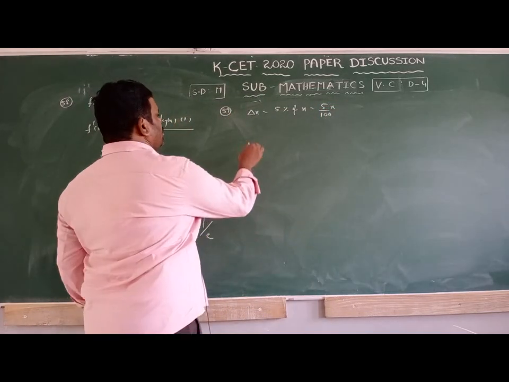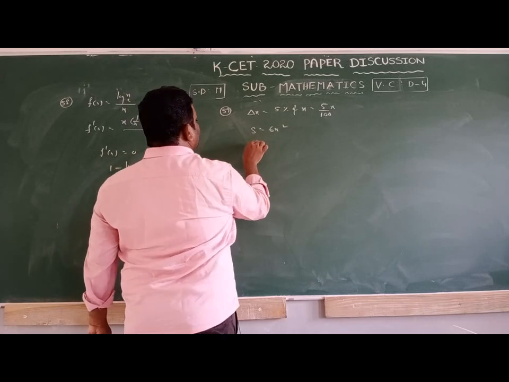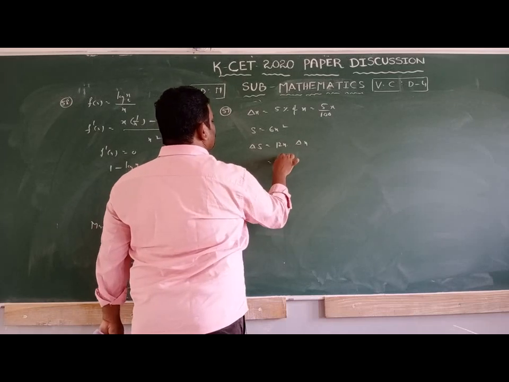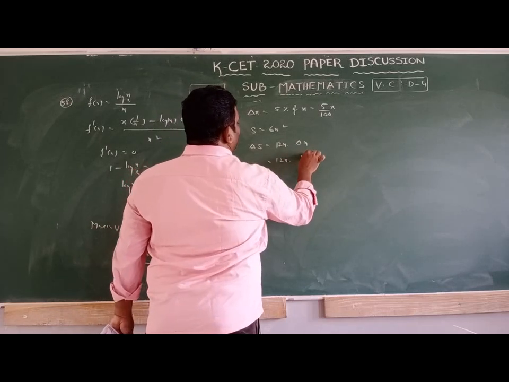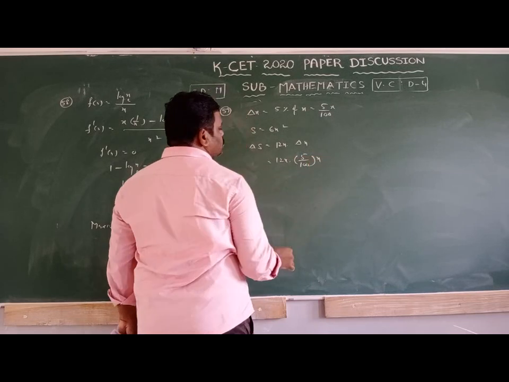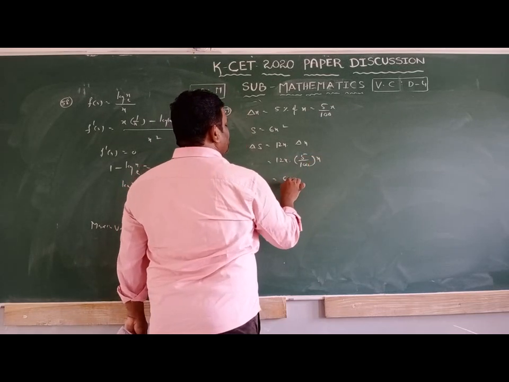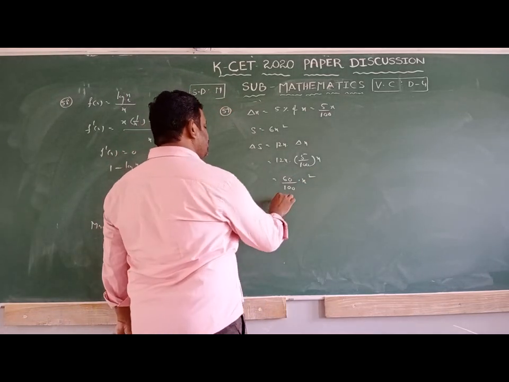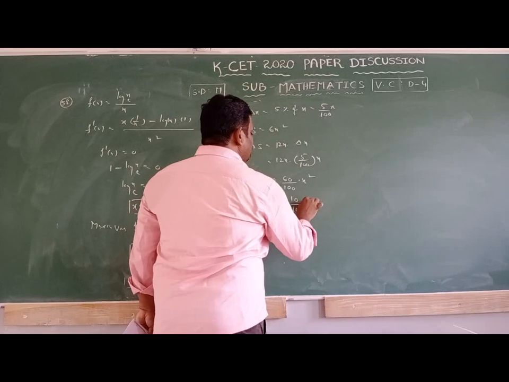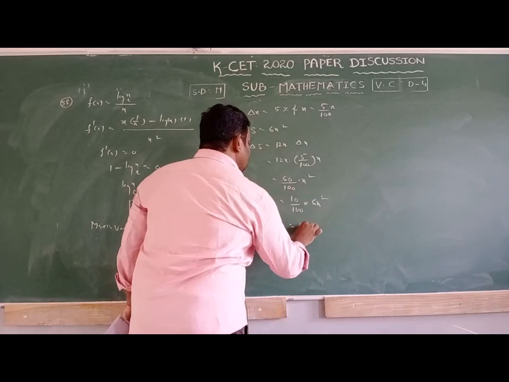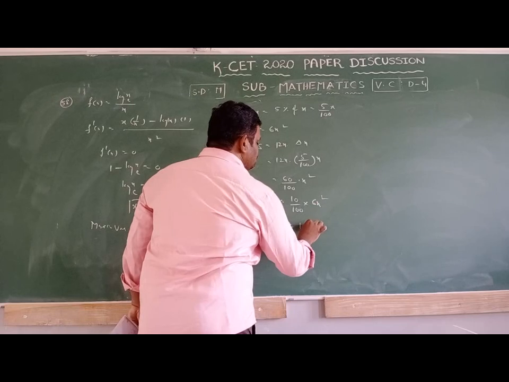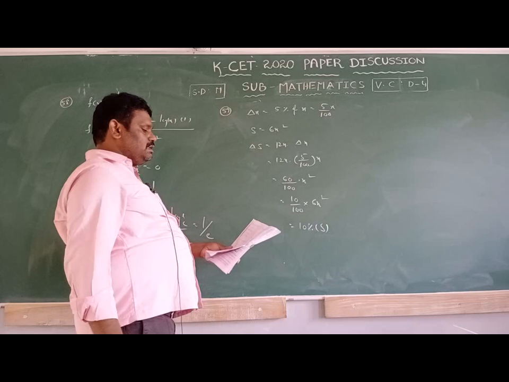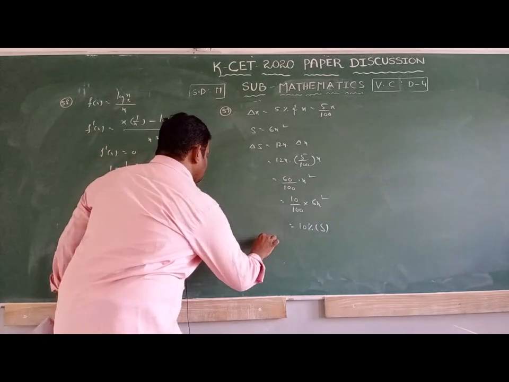Now the surface area S is equal to 6x square, delta S is equal to 12x into delta x, that is 12x into 5 by 100 into x, so that is equal to 60 by 100 into x square. Now to eliminate the x square value, it becomes 10 by 100 into 6x square, this value 10%. 6x square is nothing but what, ma? Yes, the surface area.